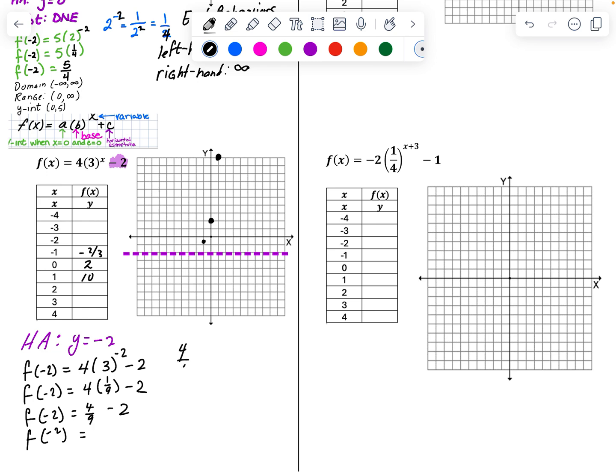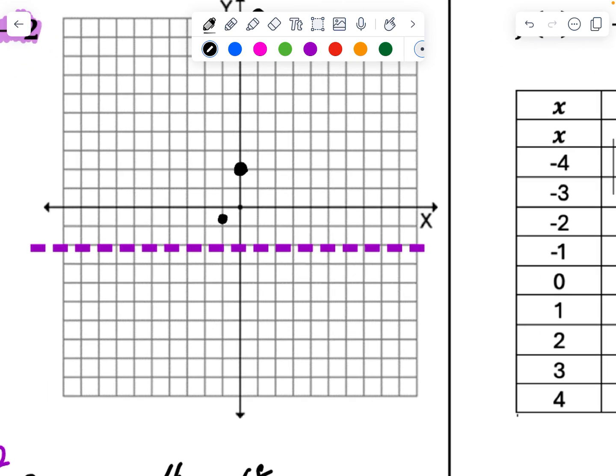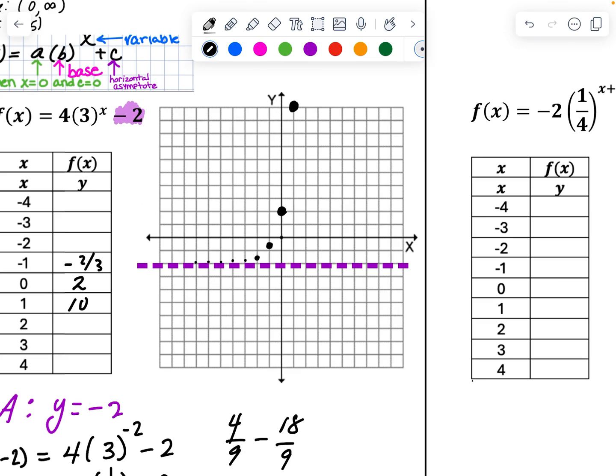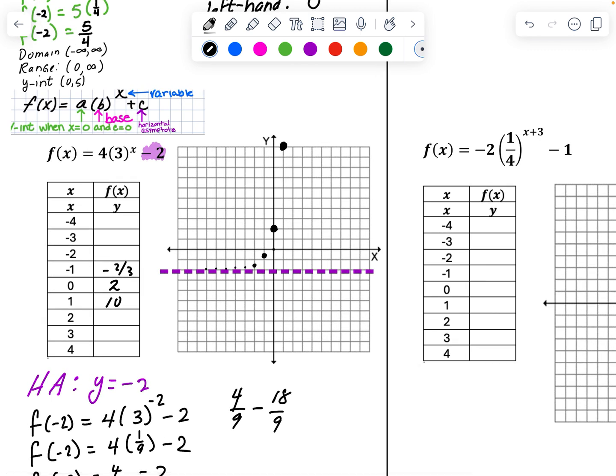So that would be 4/9 minus 18/9, which would be negative 14/9, which would be negative 1 5/9, so that would be like about there. And then these things are going to get closer and closer and closer without touching. So it's going to come in there like that. That's going towards infinity. This is going towards y equals negative 2.